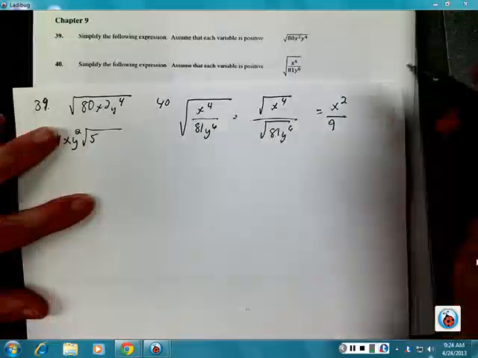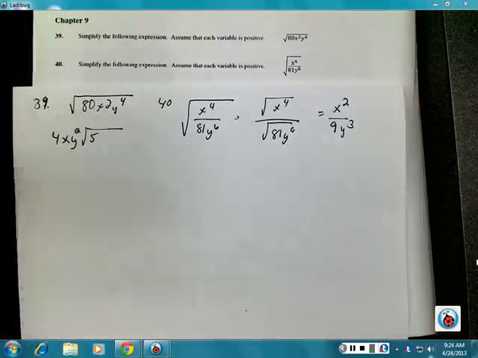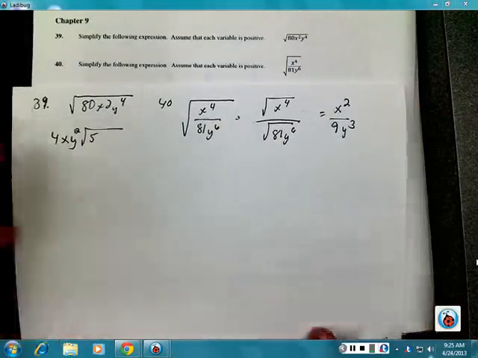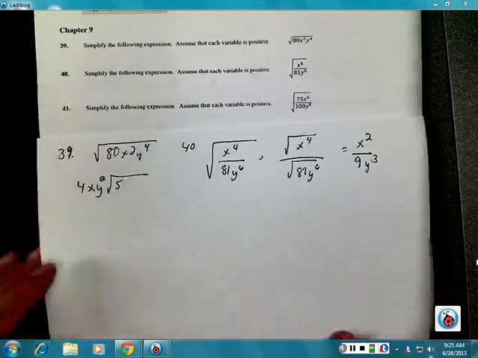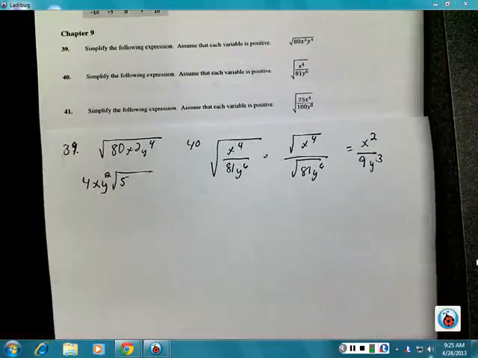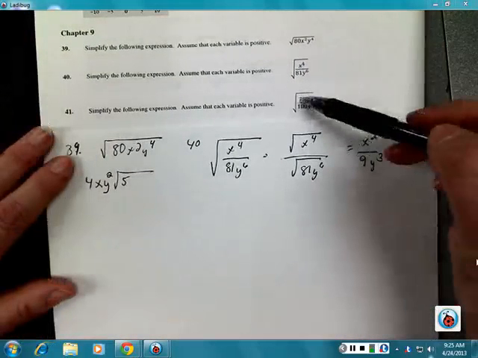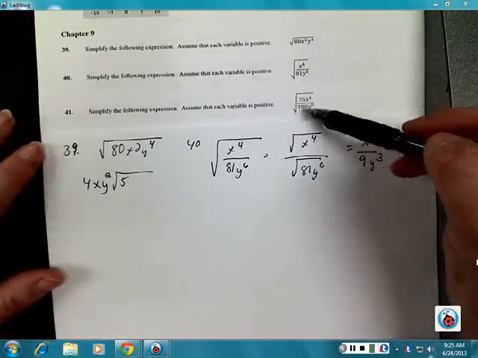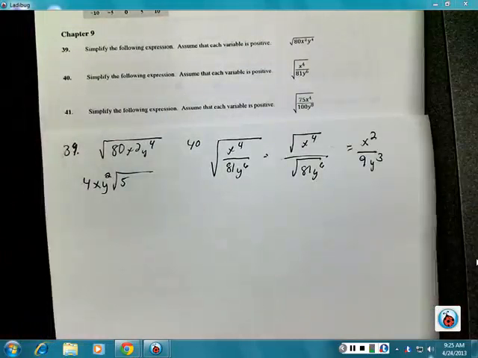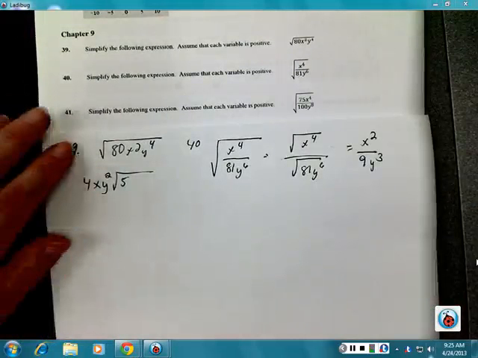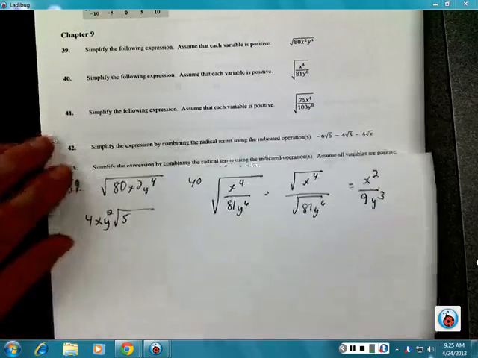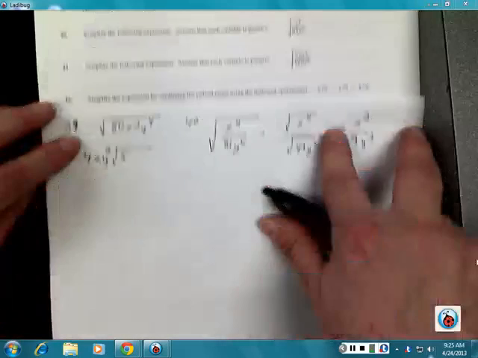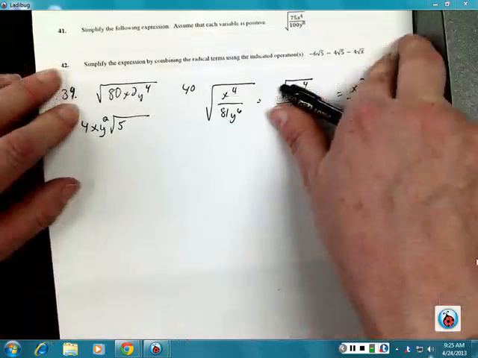X squared. 9. Y cubed. Perfect. Yep. So that's what we get on that one. Okay. All right. I'm going to leave 41 for you. 41 you might want to cancel inside of here first, because you can cancel the 25 out of each of those, and that might help you to break some stuff down with that one.